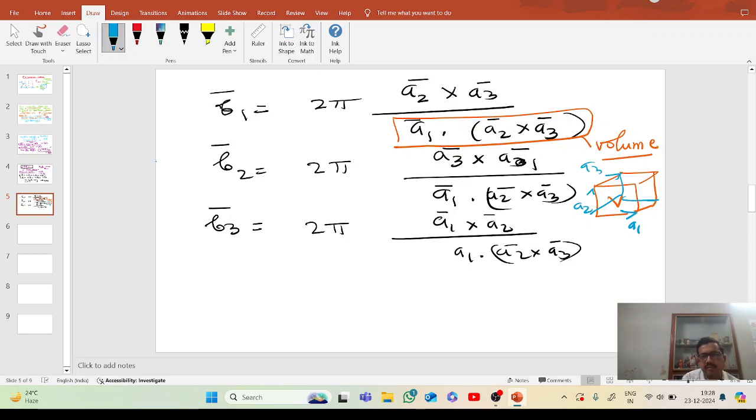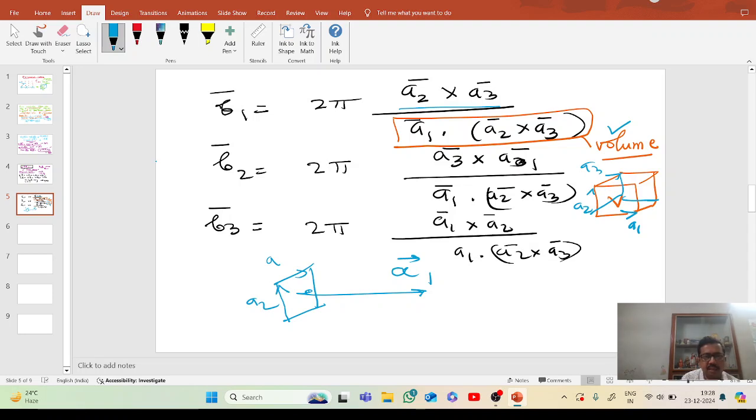Then the denominator is a scalar, as this is volume. Now what is a2 cross a3? a2 cross a3 is perpendicular to the plane containing a2 and a3. And if this is a rectangular parallelepiped, this is along the direction of a1.